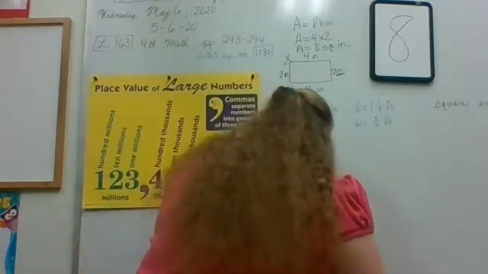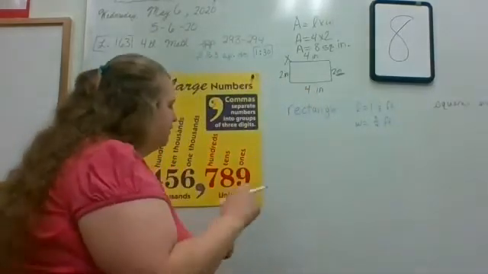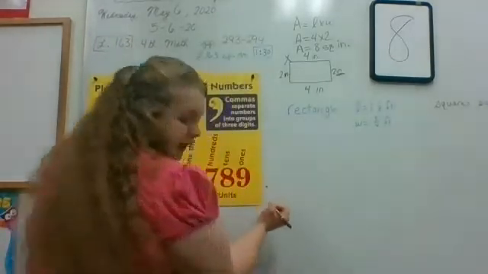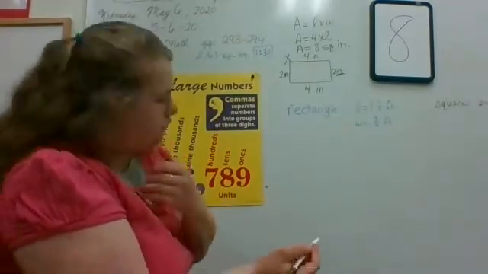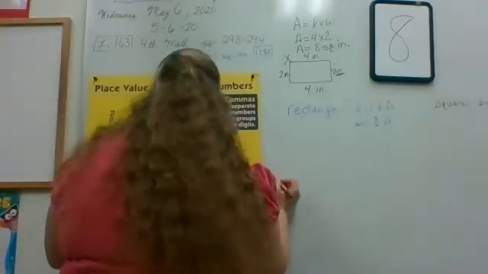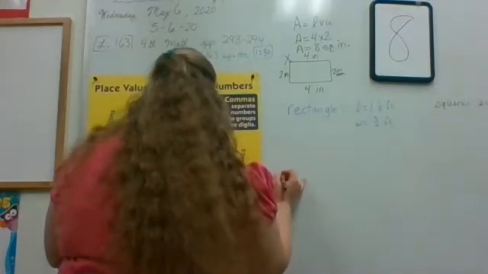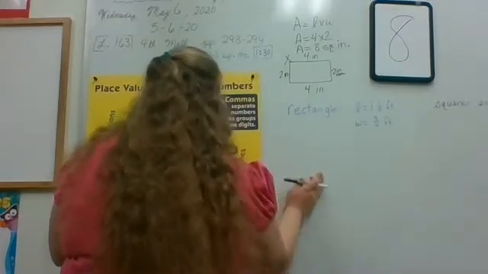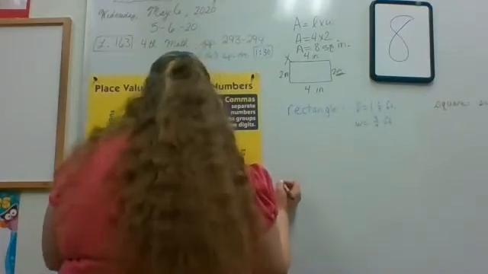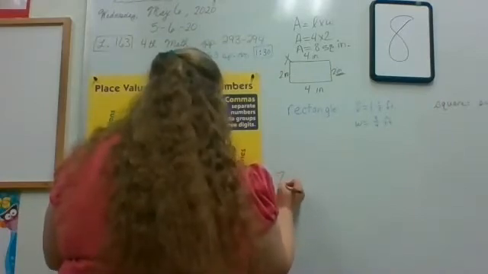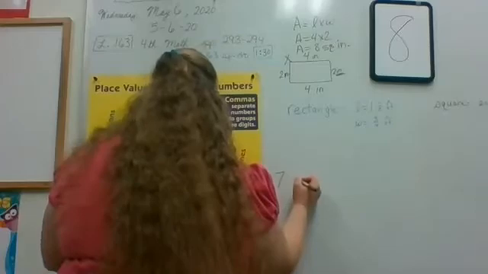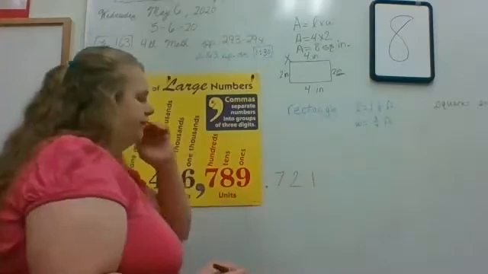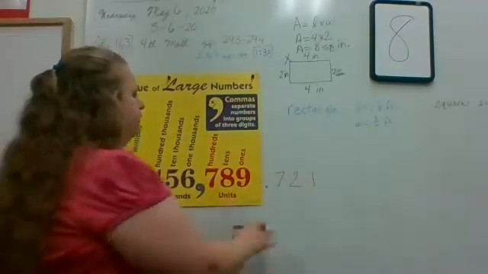is what comes after the decimal. I'm going to write a few numbers. I got 7.